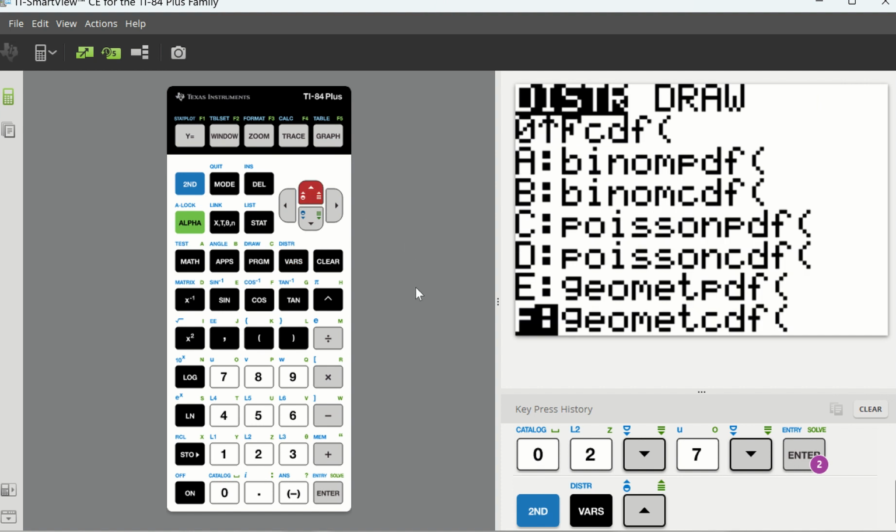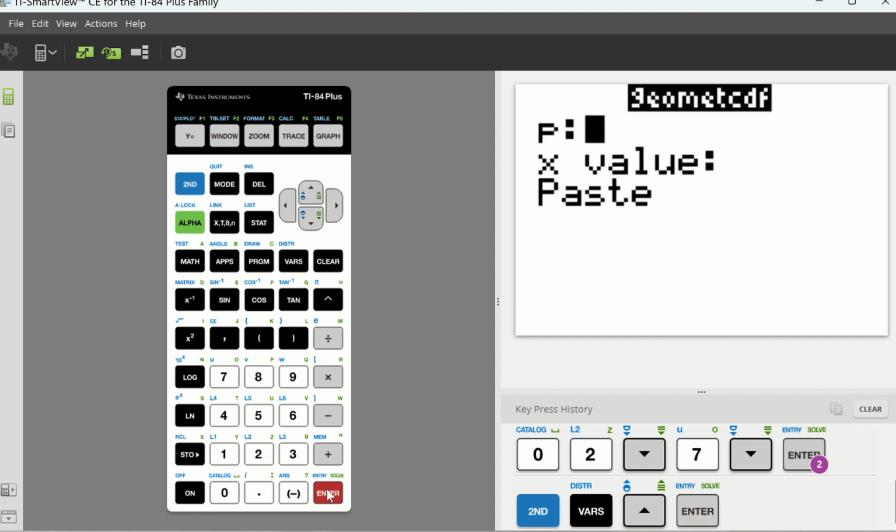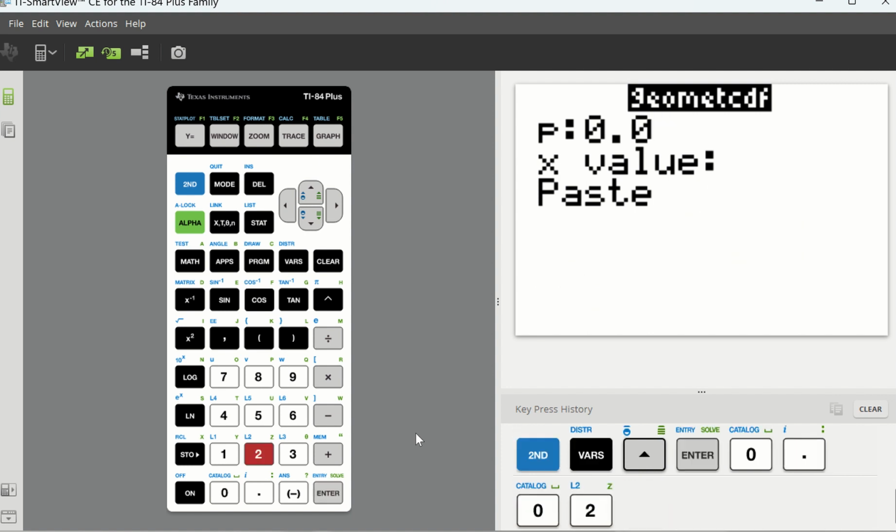We're looking for x less than or equal to 7 versus the exact value of x equaling 7. So we select CDF, and the values stay the same: 0.02 for probability, and the x value is still 7. But the difference is this time you're looking for all the values leading up to 7. So it's cumulatively the probability of x equals 1, x equals 2, and so on, all the way up to x equaling 7.